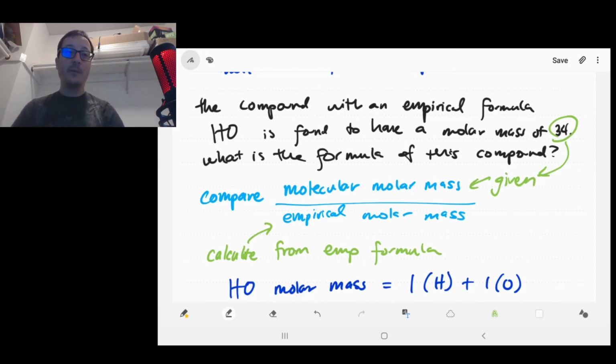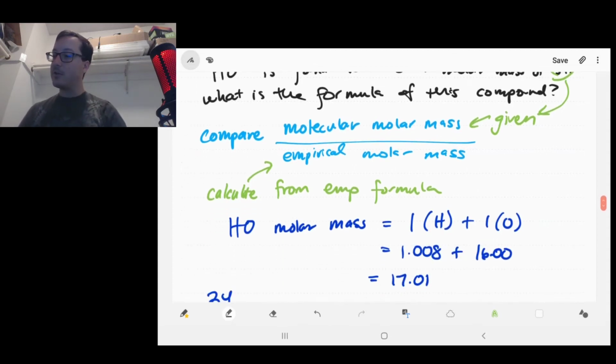The empirical formula you can determine using the mass percents, like we've been doing. And then you can figure out the molar mass of your empirical formula by just adding up the atomic masses of the elements there. So for HO, for example, if that was an empirical formula I was given, I could find its molar mass by adding up those two elements. And so doing that, I get about 17.